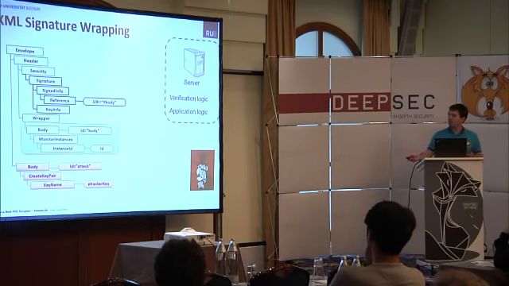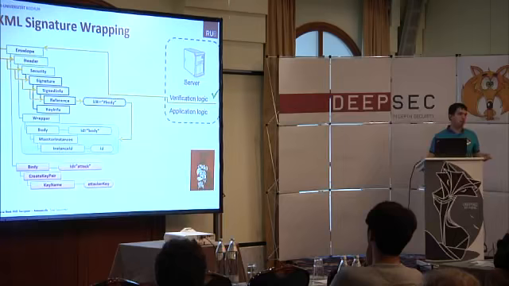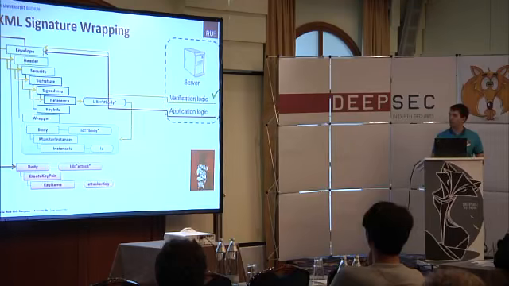The verification logic goes to the envelope, header, security, signature, reference, signed info, finds the URI body and validates it. Okay, everything's correct, everything's validated. The application logic now goes to the envelope body and executes the function in the body element.